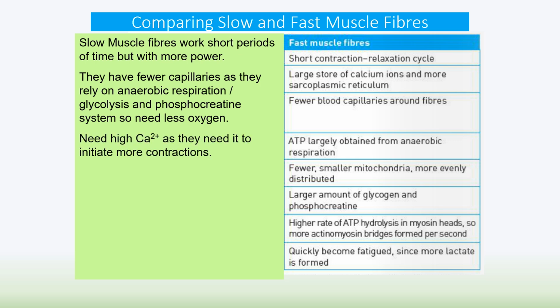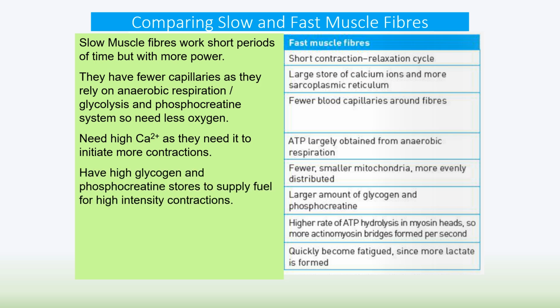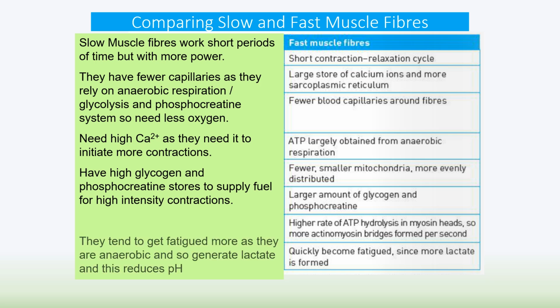They need high amounts of calcium ions because they need to initiate more contractions, so sudden rapid contractions needing high concentrations of calcium ions. They have high levels of glycogen and phosphocreatine stores as a supply of fuel for high intensity contractions, so when they need that fuel they need it quickly. And they tend to get fatigued more because they're anaerobic and generate lactic acid, which does reduce the pH.